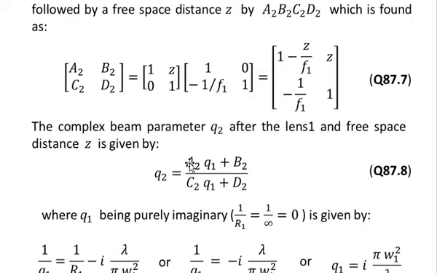So Q2 is equal to A2 times Q1 plus B2, divided by C2 times Q1 plus D2, where Q1 is the complex radius of curvature at the lens position and Q2 is the complex radius of curvature at the beam waist position within the resonator.